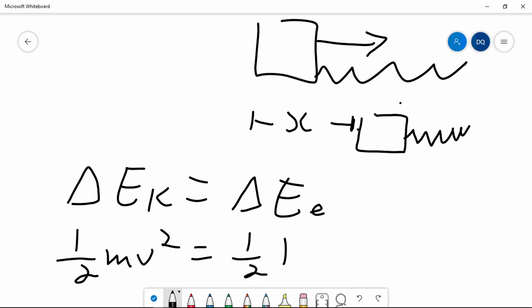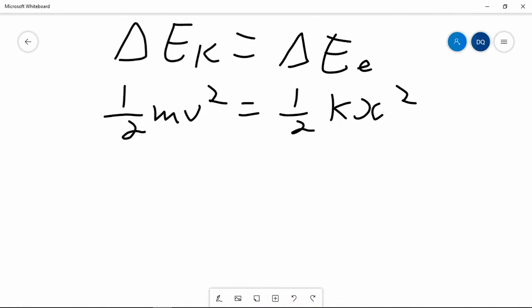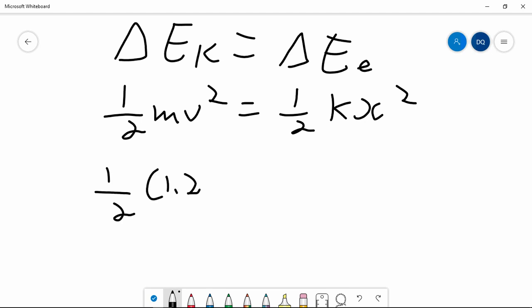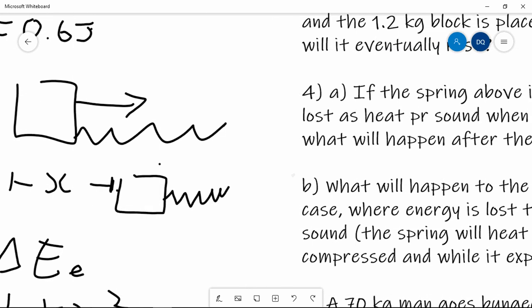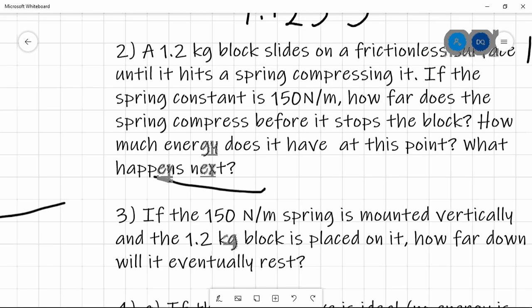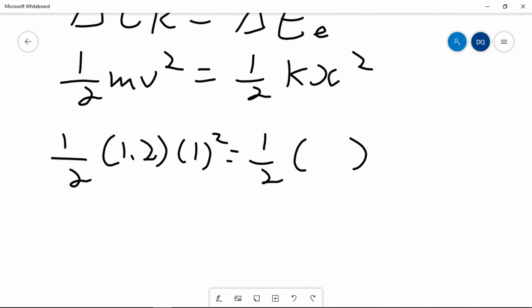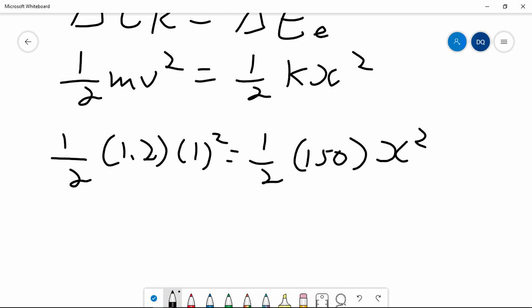We gained 1/2 kx squared. Now, x is the only unknown in here. So you've got 1/2 of 1.2 times 1 squared is equal to 1/2 of, and I believe I made this spring 150, 150 newtons per meter. So that's equal to 1/2 of 150 newtons per meter times x squared.